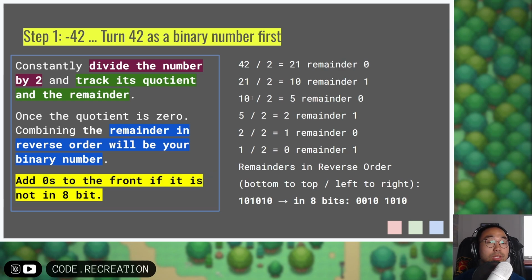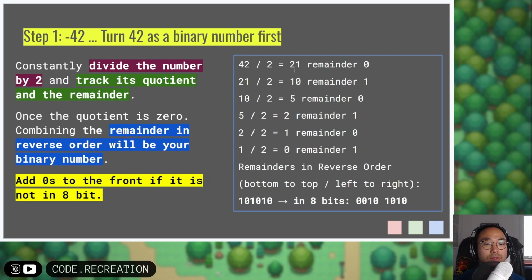In this situation, we do 42 divided by 2. That gives us 21 with a remainder of 0. We haven't hit a quotient of 0 yet, so we continue with our division. So we do 21 divided by 2, 10 divided by 2, 5 divided by 2, 2 divided by 2, and 1 divided by 2. We hit 0 there, and we have tracked our remainder as we have been doing our divisions.